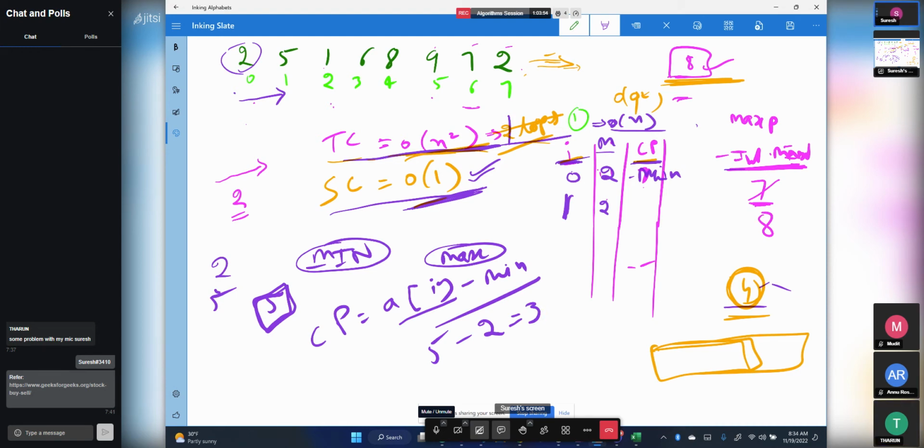Is the current profit bigger than the maximum profit you have assumed so far? Yes, because we initialized the max profit as minus Integer.MIN_VALUE. Then we will put the max profit equal to 3. Max profit so far is 3. Okay, we are initializing.